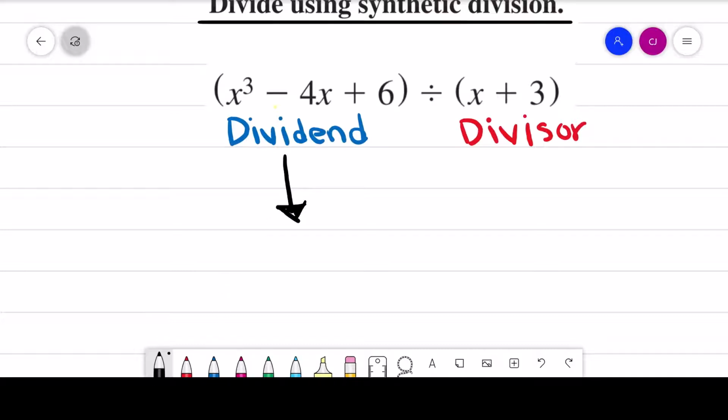So I'll show you what I mean. Notice here, I have x to the third and there's no number in the front. So whenever you don't see a number in the front, or a leading coefficient, it's called the phantom one. So I'm going to go ahead and write that in.